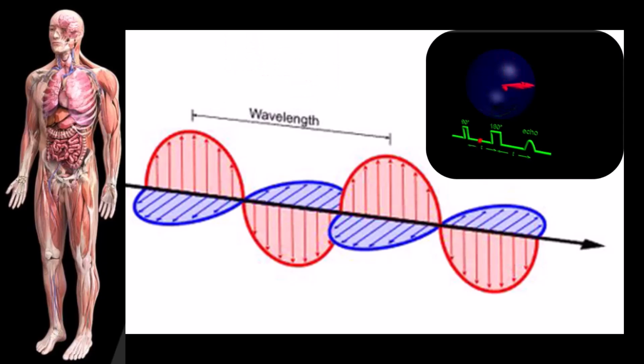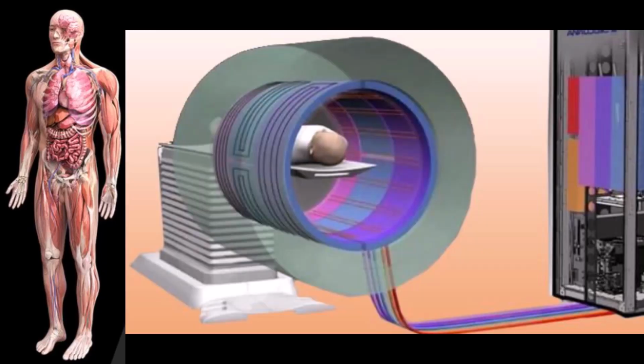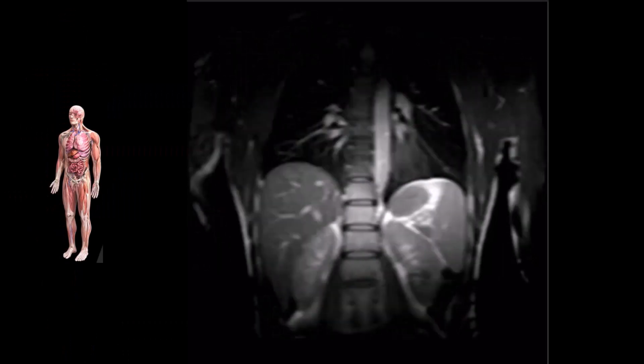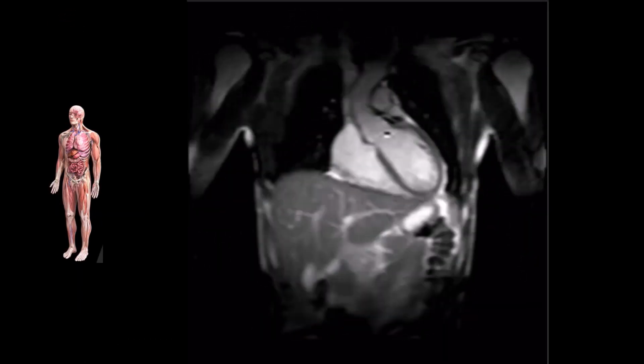A transmitter receiver in the machine then sends and receives radio waves. The computer then uses these signals to make digital images of the scanned area of your body. We will review this process in more detail as we go through the presentation.